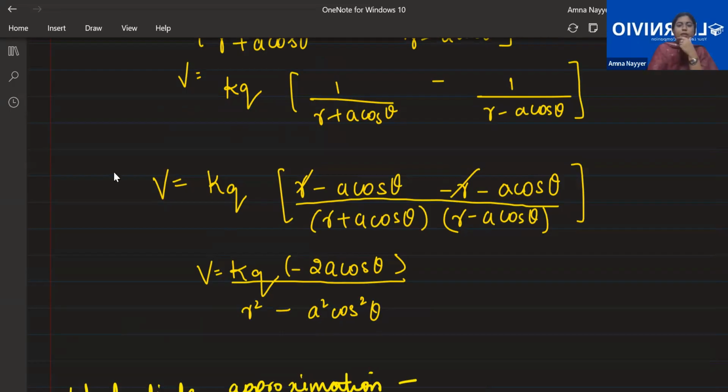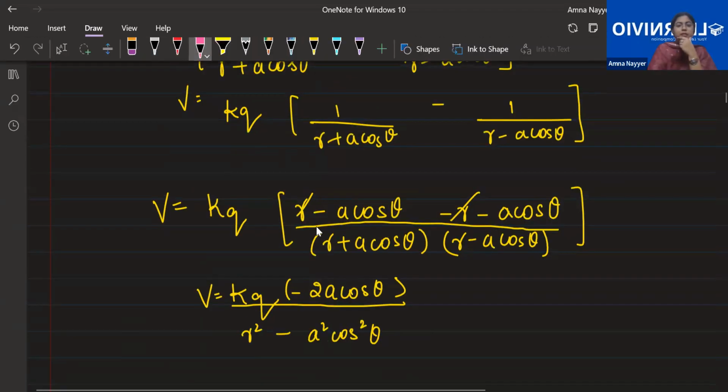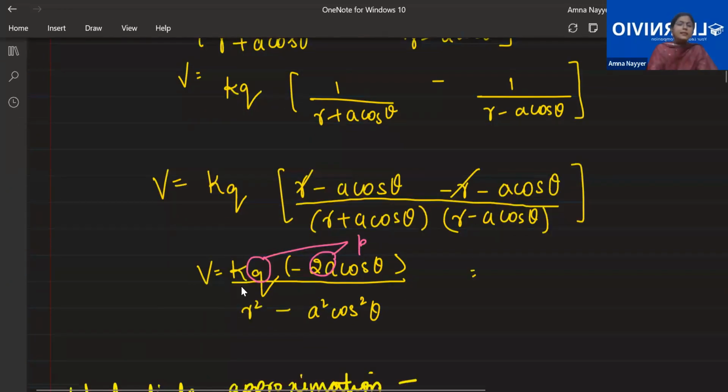Now look from here, 2A and Q, they both are giving you P. So this can be written as, you can exclude this negative sign which is coming, you can leave it. Because class, for negative charges, you'll already use it, and for positive, you will use it. So you just take the modulus because it's a scalar quantity.